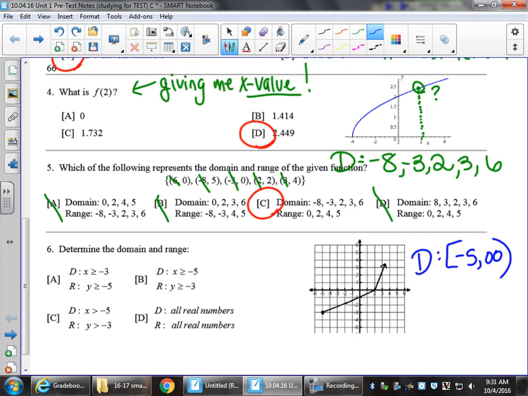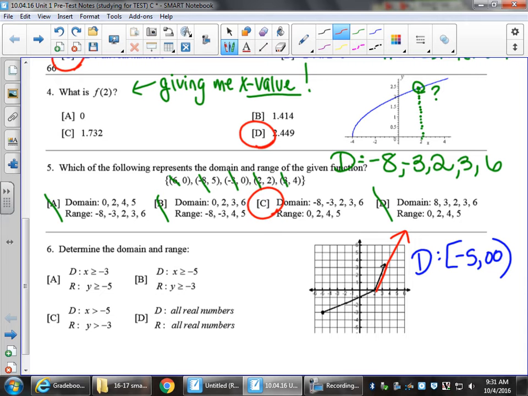Where are you on the x-axis? -5, and it's a solid dot, which is why I have a bracket. I come in from the right. It looks like 3, but is it 3? It's infinity. When in doubt, if you see arrows, extend them so they stand out to you. So that is why it's infinity on the right.